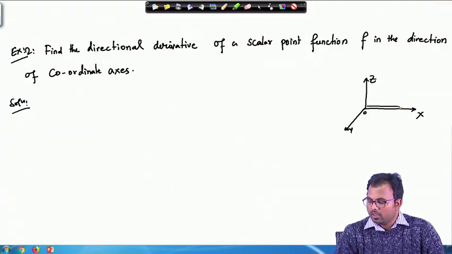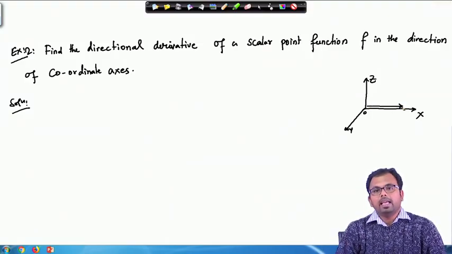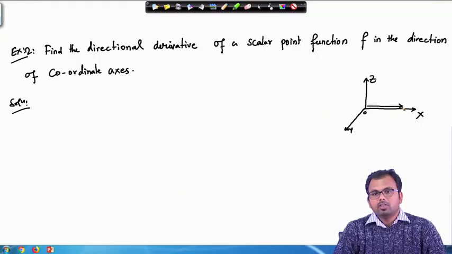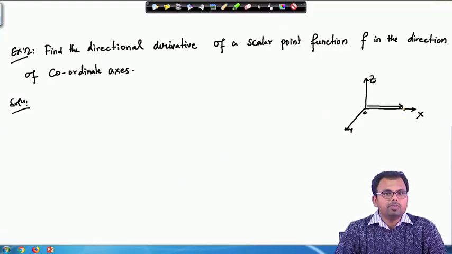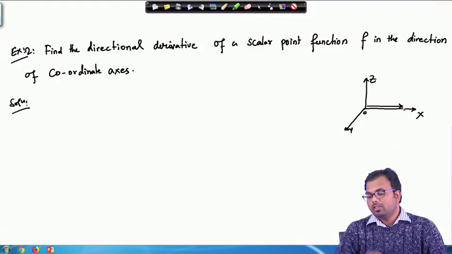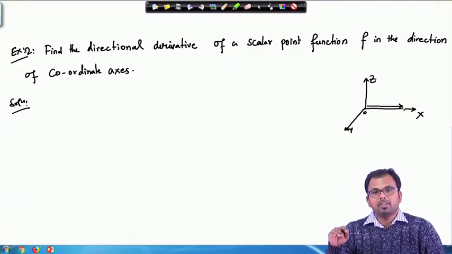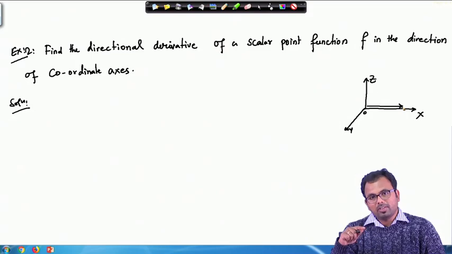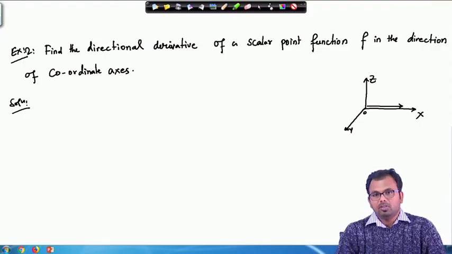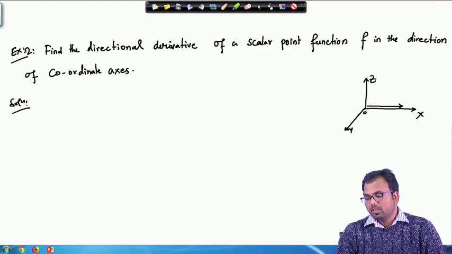So, when we are calculating the directional derivative in the direction of x axis, what will be our unit vector? The vector along this direction is i cap, because x axis is perpendicular to the yz plane and the unit vector for this x axis is i cap.